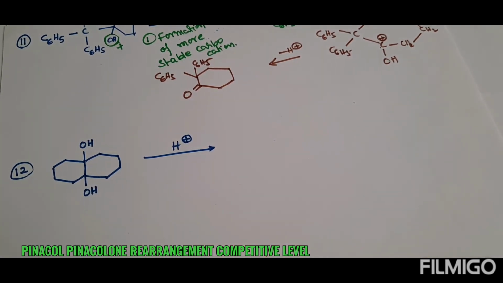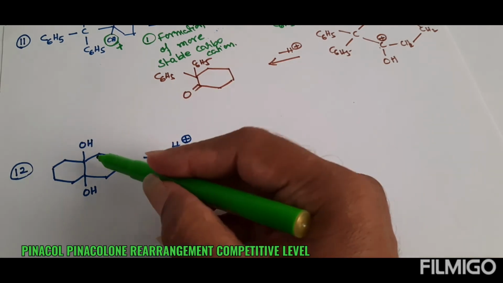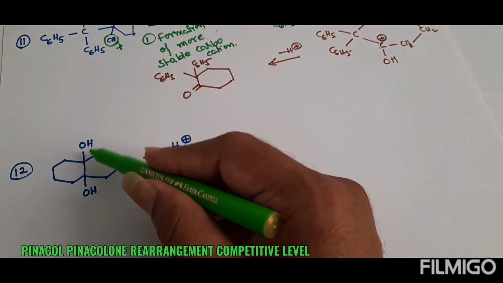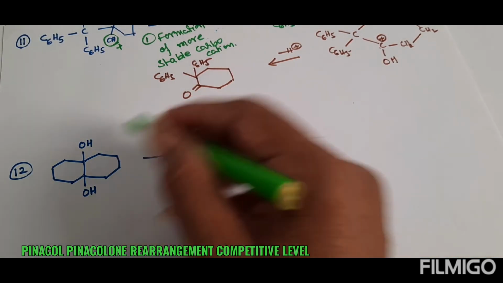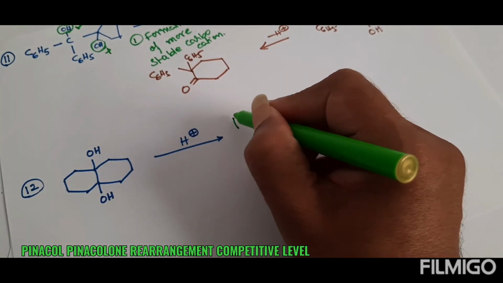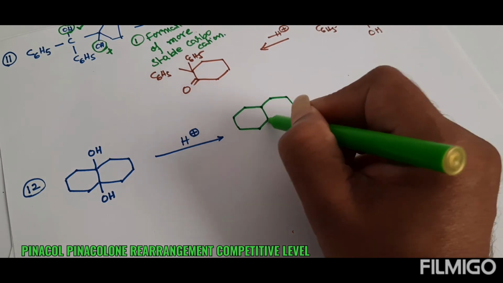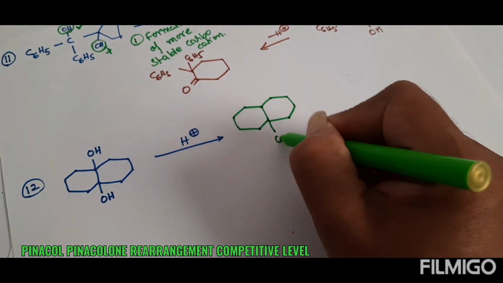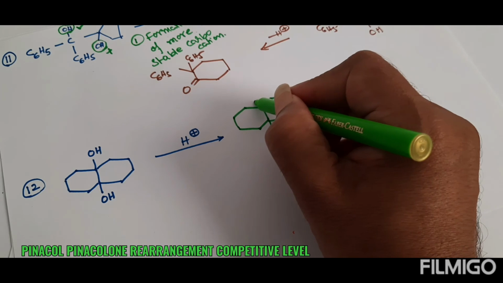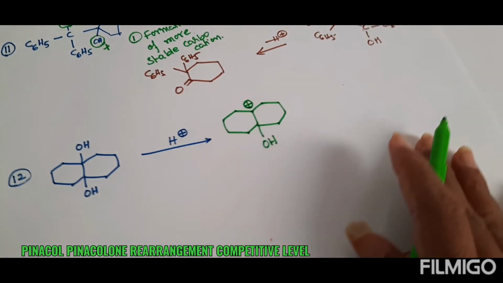Students, in this example, two similar carbons have the OH group, so you lose one H plus. As a result, a carbocation is formed. Understood?